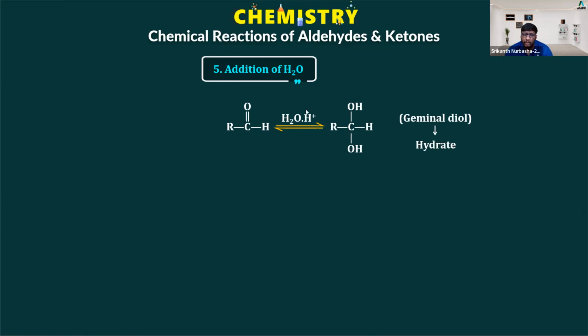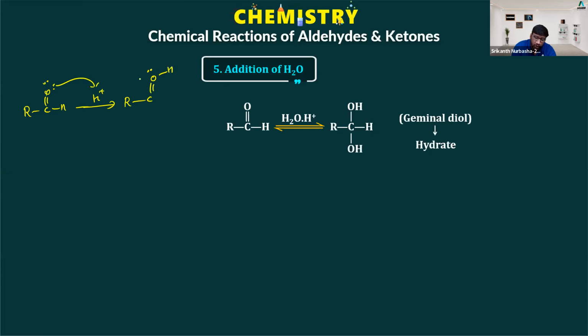Whenever I add a weak nucleophile like water or alcohol, I have to do the acidification to increase the electrophilicity of the carbon. Whenever I do the reaction with a strong nucleophile like HCN or NaHSO3, I don't need acidification. So for a weak nucleophile I have to acidify, so that the lone pair of electrons on oxygen of C=O, treated with H plus, attack the H plus, forming R C=O plus H.